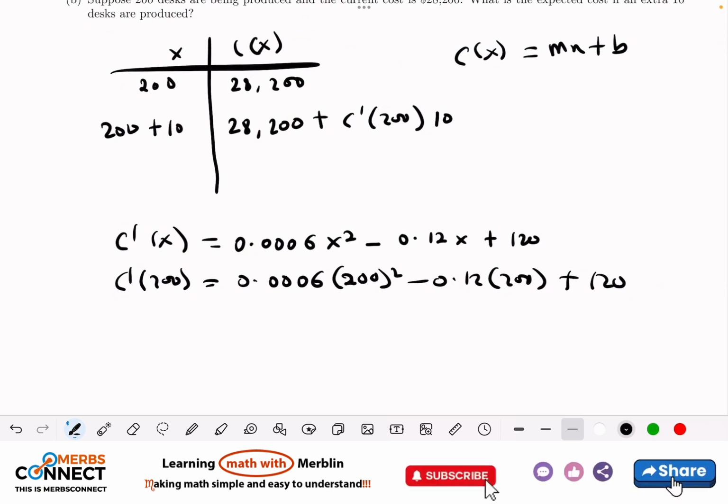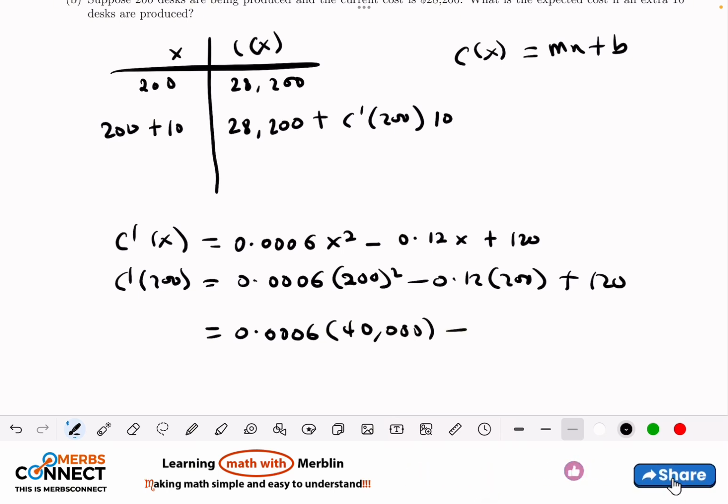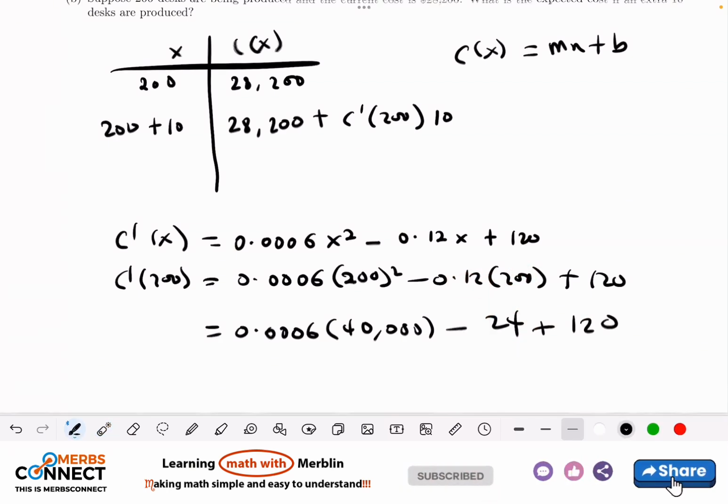So this is 200, so we are going to have 0.0006 times 40,000. Yes. And when I multiply this, this should give us 24, yes, because I have two zeros here, which will cancel. 12 times 2 will be 24, plus 120.